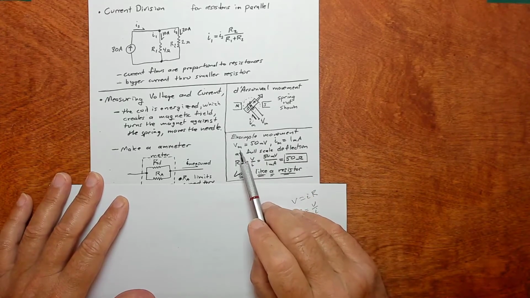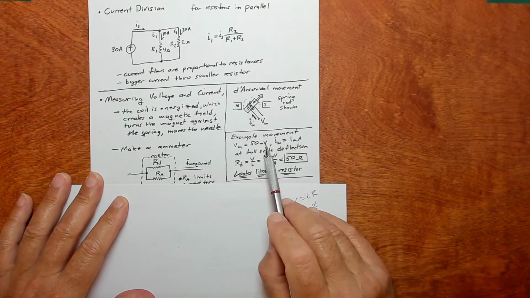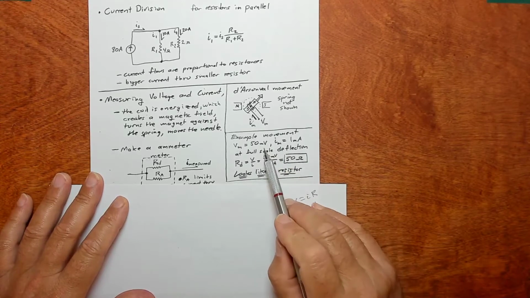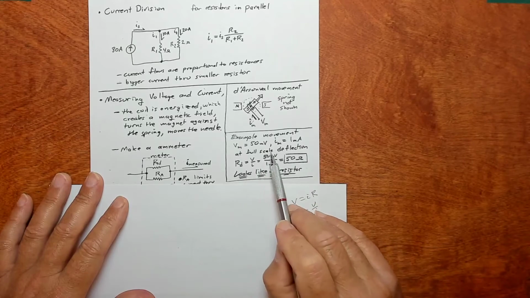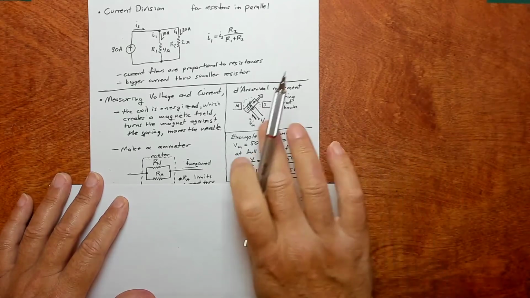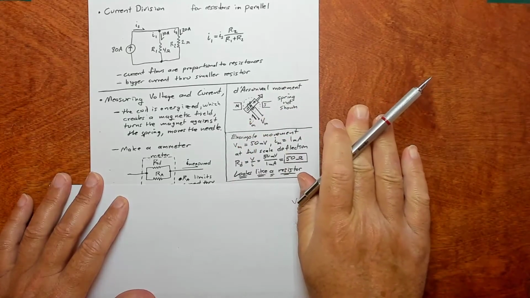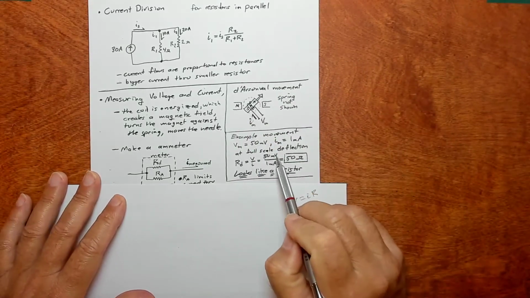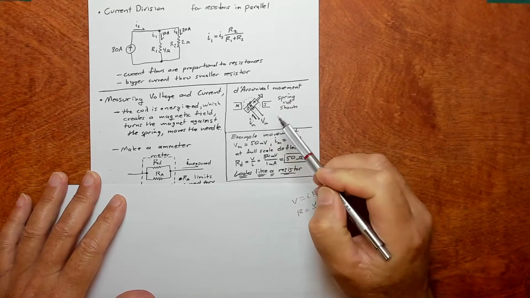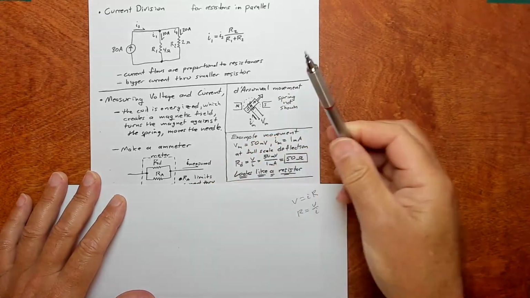That is, when you apply a voltage of 50 millivolts across this coil, you will get a current flow of 1 milliamp at full scale deflection. That is, when the needle's all the way to the end of its travel. So it's possible to build a meter that has these characteristics, right? A given voltage and a given current will give it a given deflection.